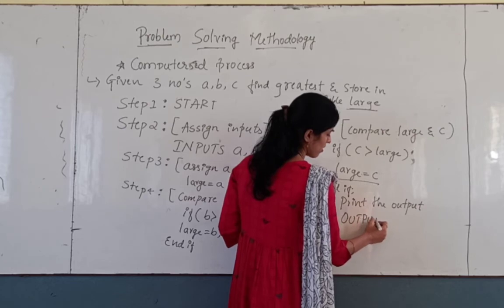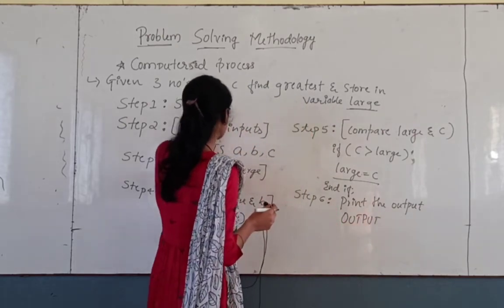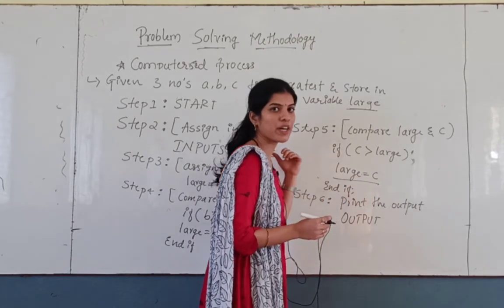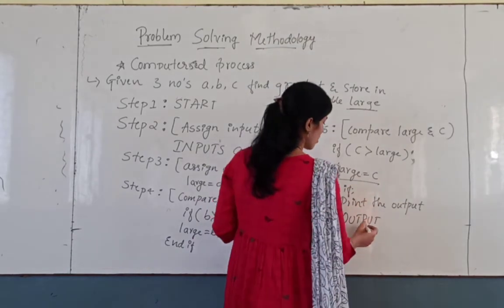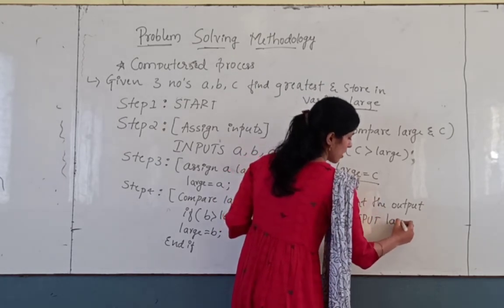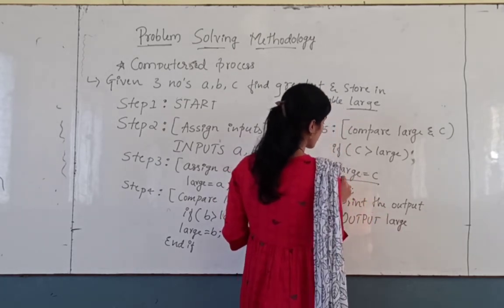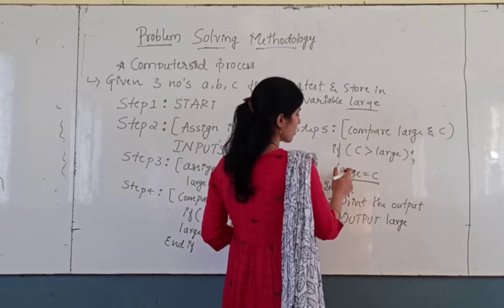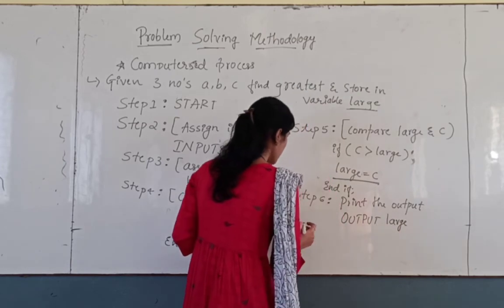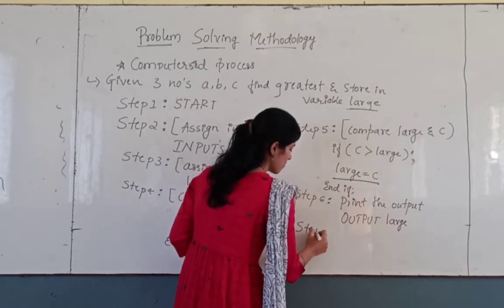Among A, B, C, C will be large. We have compared one variable with another. So output becomes large, or C, because now at the end large equal to C. Output is large. Next step 7 is exit.